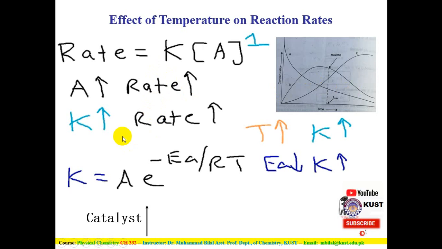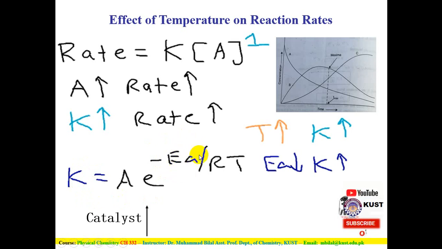Similarly, the rate of the reaction is affected by temperature. Increasing the temperature increases the rate of the reaction, and decreasing the temperature decreases the rate of the reaction. Also, the rate of the reaction is affected by activation energy.